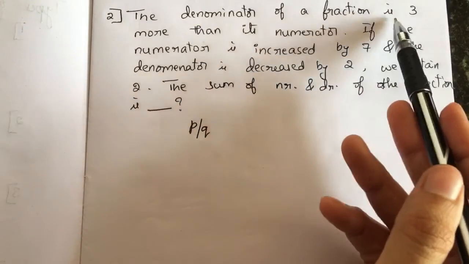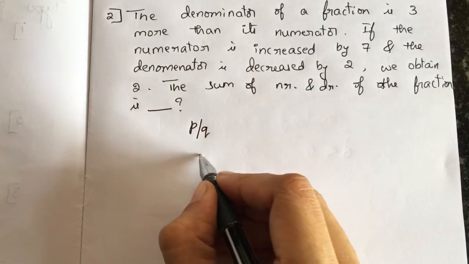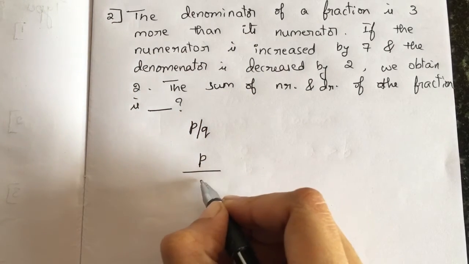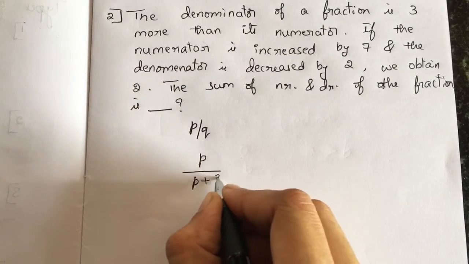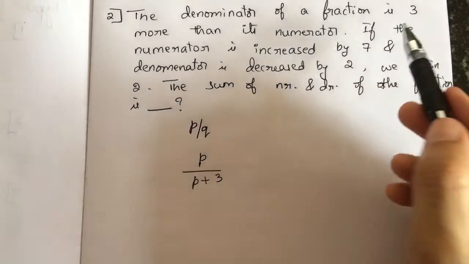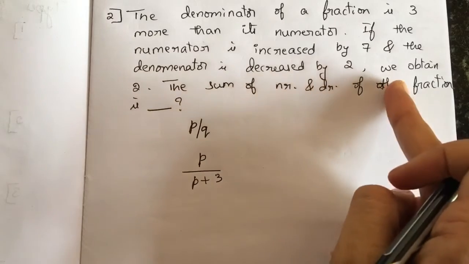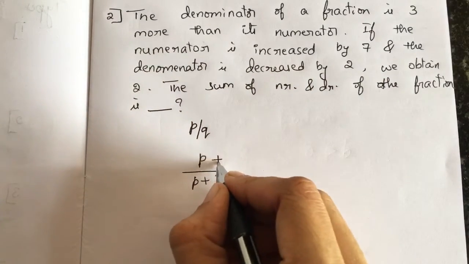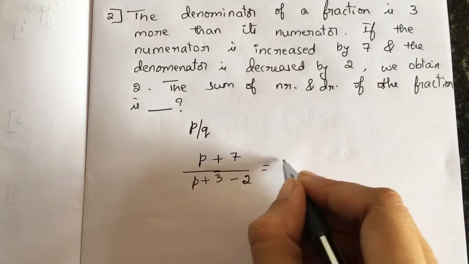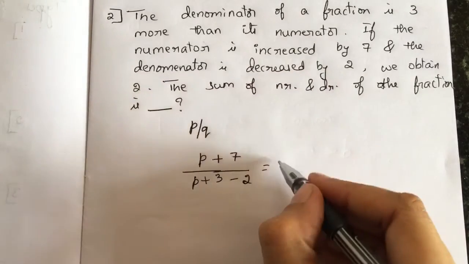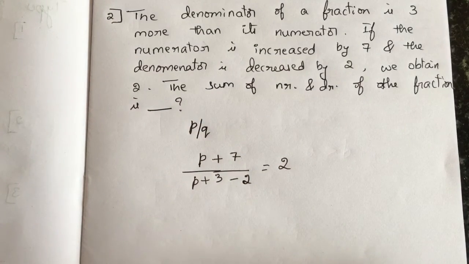The denominator is 3 more than the numerator, so if I take the numerator as p, then the denominator will be p plus 3. If the numerator is increased by 7 and the denominator is decreased by 2, we obtain 2 as the answer. Find the sum of the numerator and the denominator.